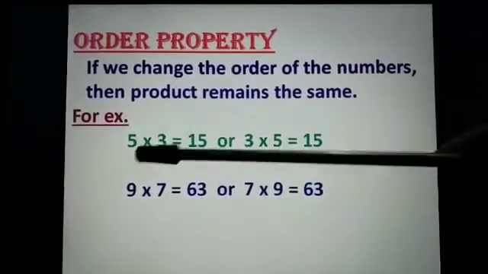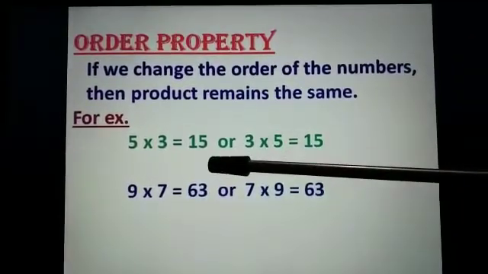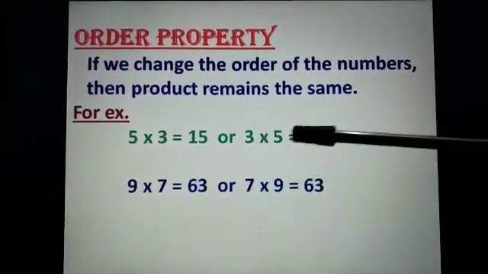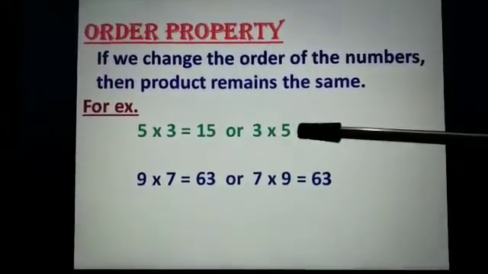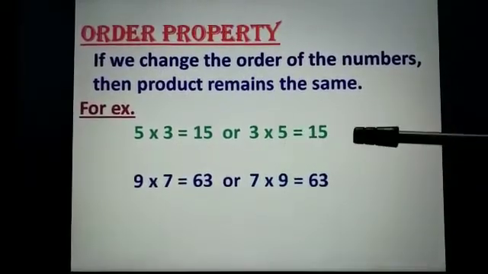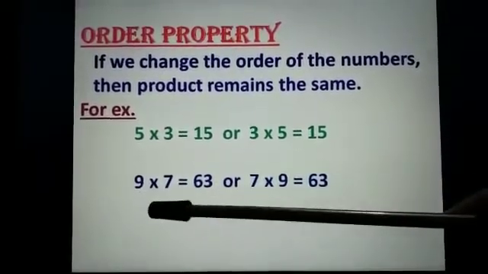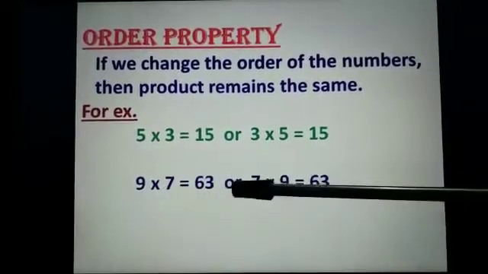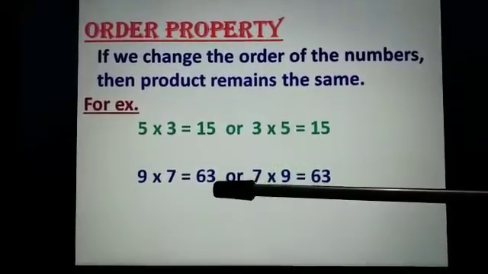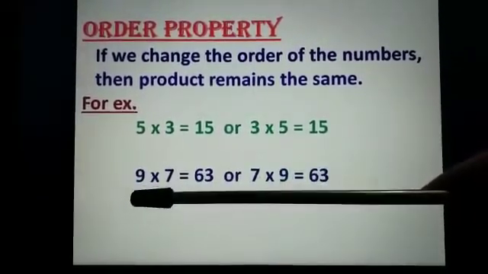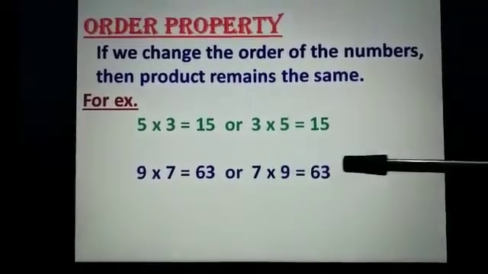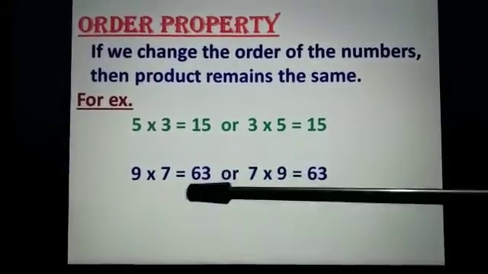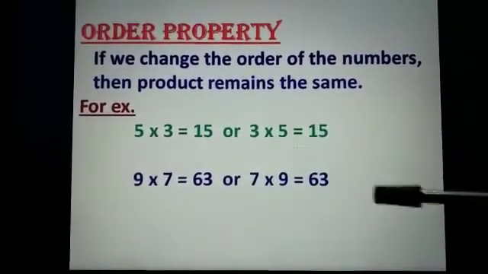For example 5 into 3 is equal to 15 और 3 into 5 is equal to 15. 5 3s are 15 and 3 5s is also 15. Same, 9 into 7, 9 7s are 63. If we interchange the order of the number, 9 into 7 here, and 7 into 9 is also 63. That means answer will be same.